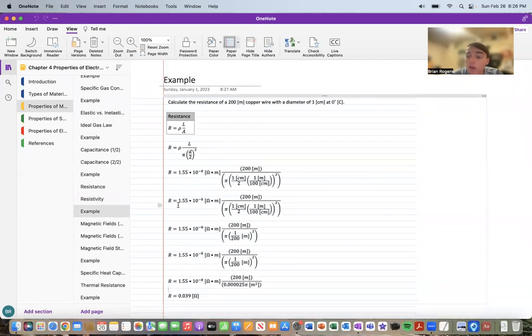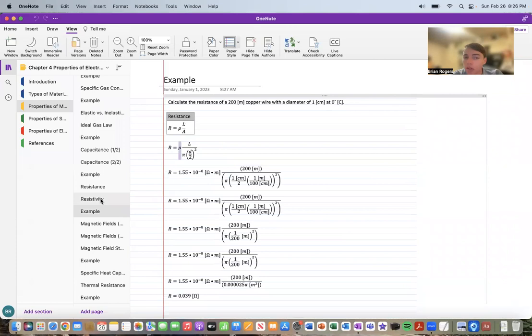It says, calculate the resistance of a 200-meter copper wire with a diameter of 1 centimeter at 0 degrees Celsius. So here the resistance is equal to the resistivity. Did we get supplied that?